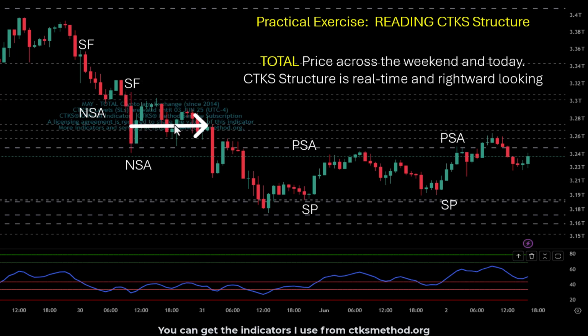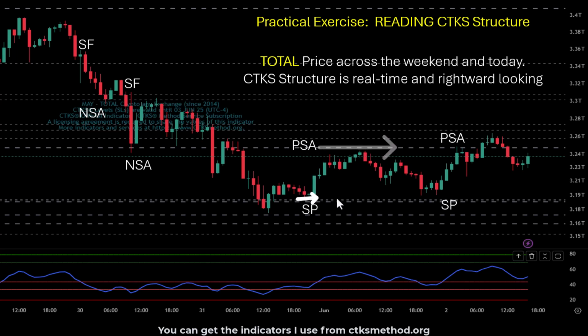Fortunately, there were a few lower levels across the weekend that caught price. And then we get into this high volatility area where things can go up and down and do a lot of chopping. When you get a structural pass, it means that you're making a slightly higher high than what you did in the last candle, and that immediately creates positive structural attraction up to the level above.